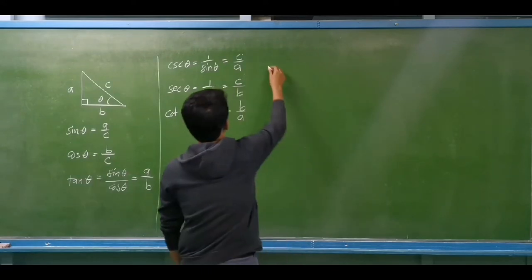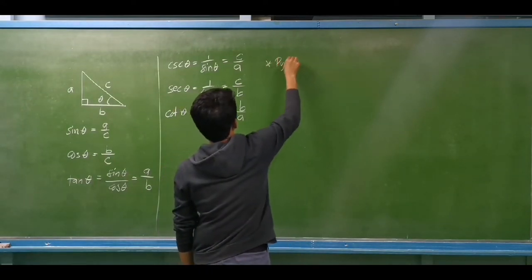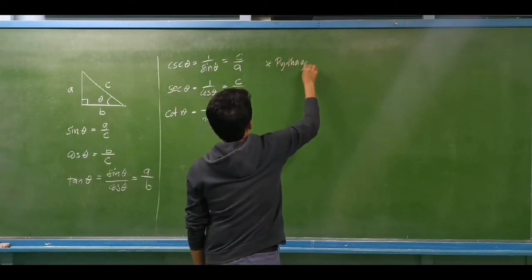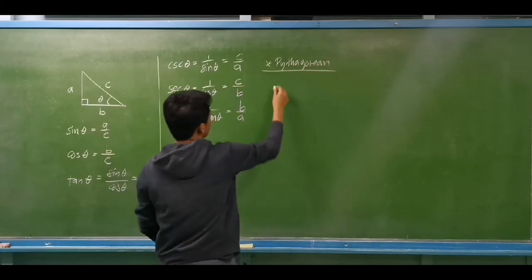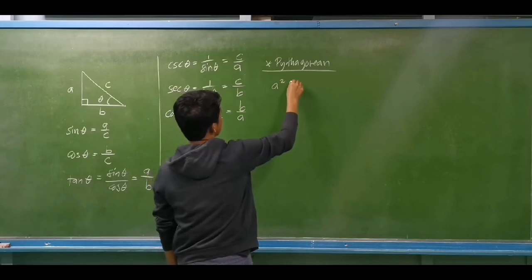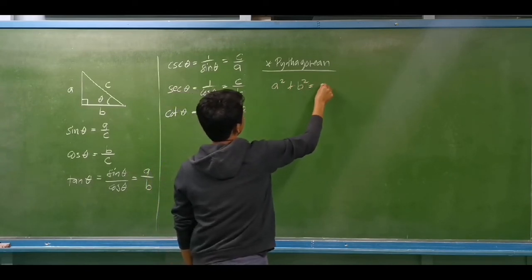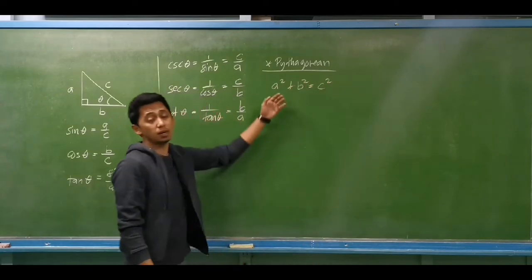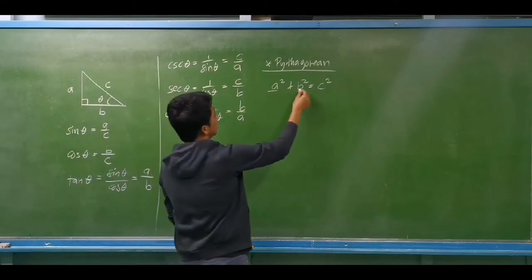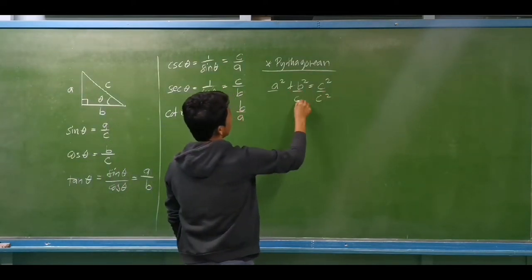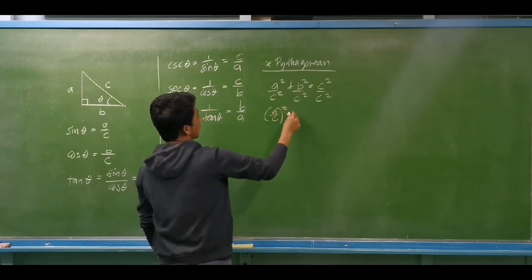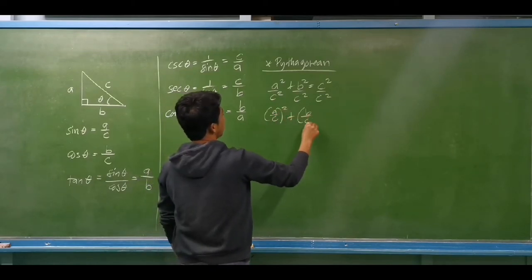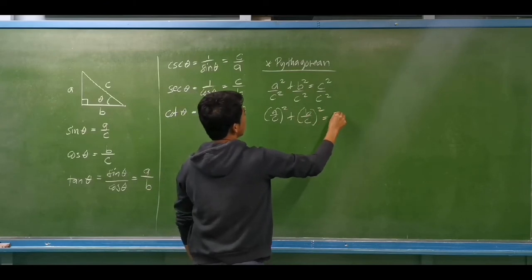Then papasok yung ating Pythagorean identities. For the Pythagorean identities, manggagaling lang yun sa Pythagorean theorem, that is a squared plus b squared is equal to c squared. Ang gagawin lang natin, I divide all terms by c squared. So this is the same as (a over c) squared plus (b over c) squared is equal to 1.